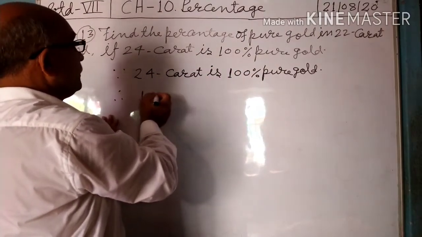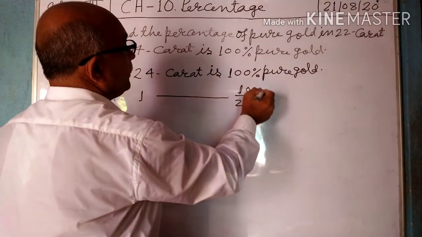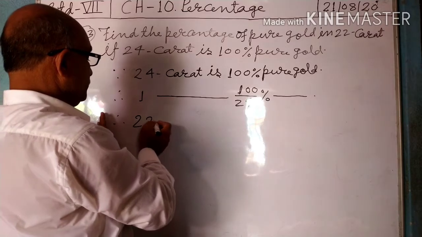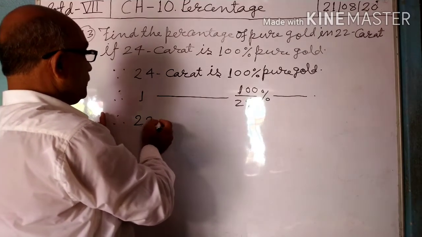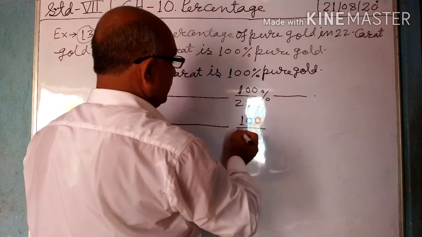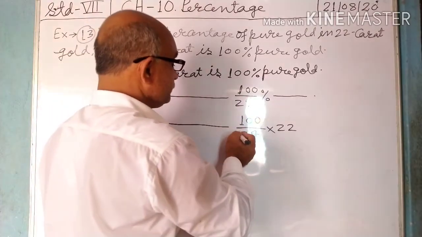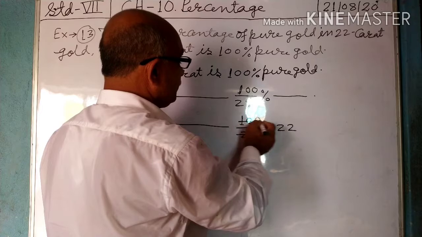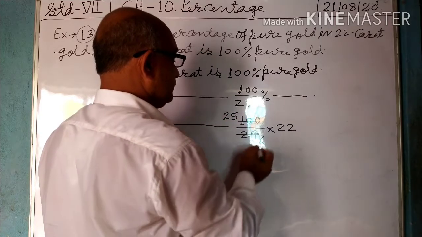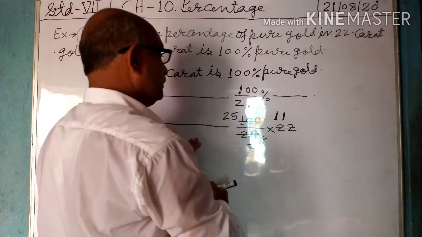Therefore, 1 karat is 100 by 24%. Therefore, 22 karat equal to 100 by 24 into 22. 6 fours are 24, and 25 fours are 100. 3 twos are 6 and 11 twos are 22.